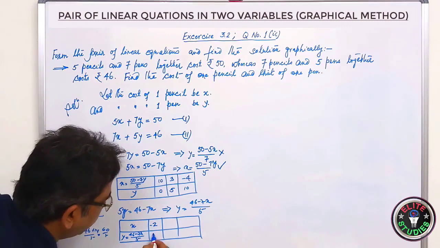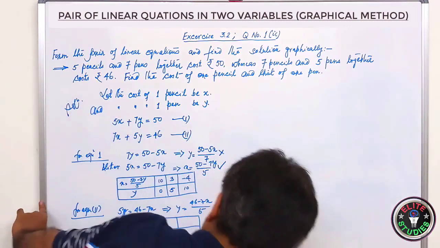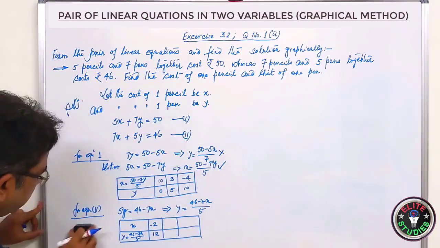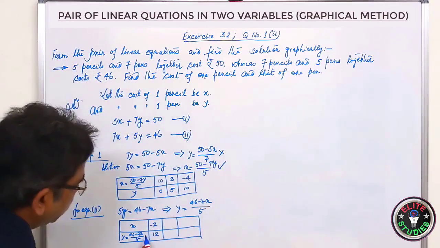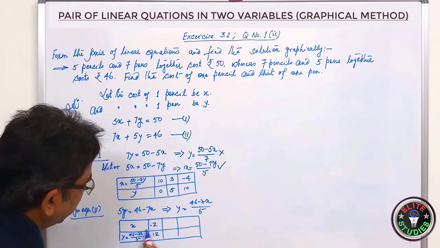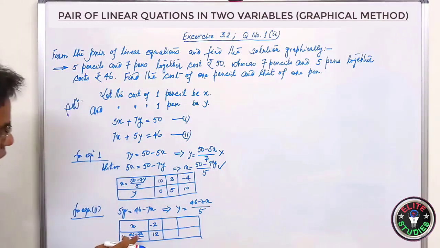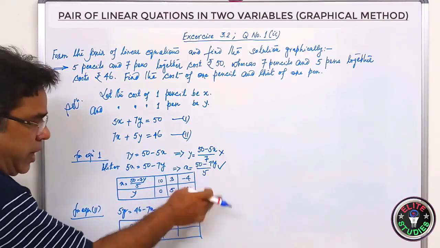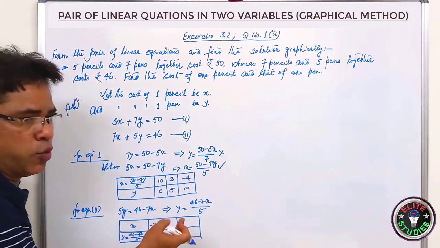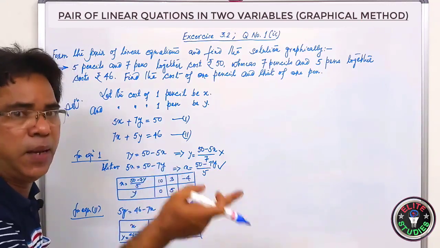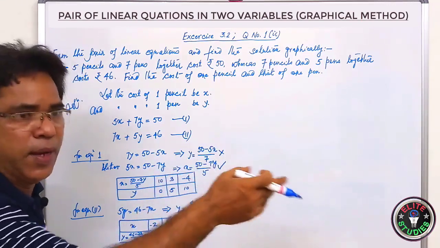Now let us get one more point. How to do it? Don't randomly pick any number. You just go on putting 0, then plus 1, plus 2, minus 2, plus 3, minus 3, plus 4, and very quickly go one by one.